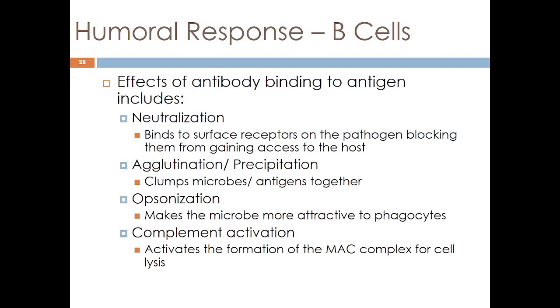We can also have agglutination or precipitation, where many antibodies will bind many different bacteria or their toxins and cause them to clump together. Those large complexes can get targeted and cleared by our phagocytic immune cells. Opsonization is another one we've talked about a few times already, but again, it targets and signals to our immune system through binding that something is foreign and needs to be degraded.